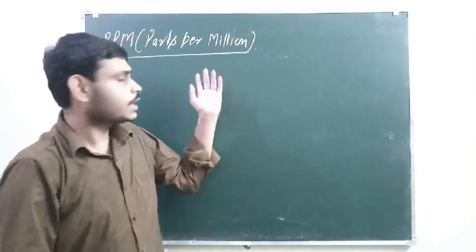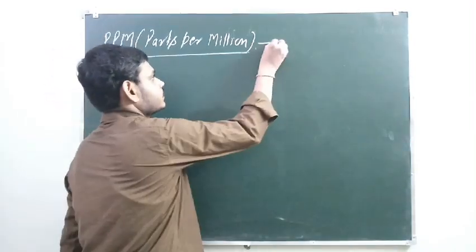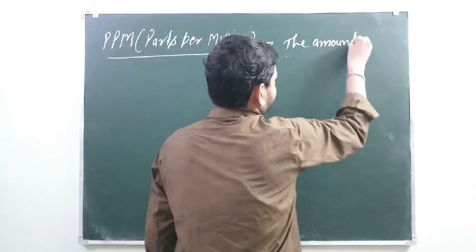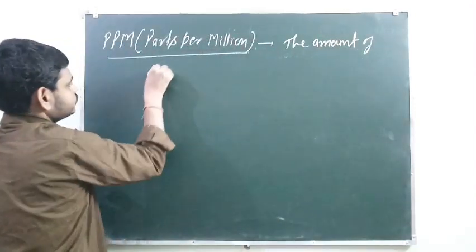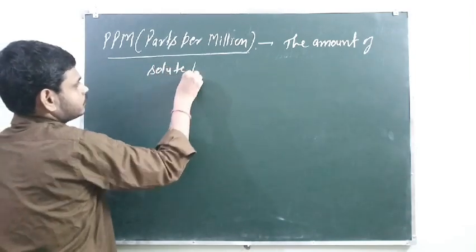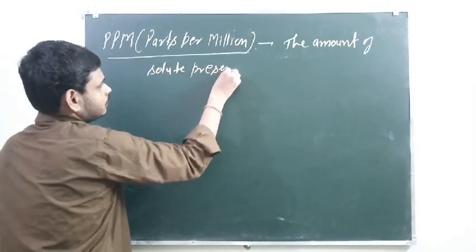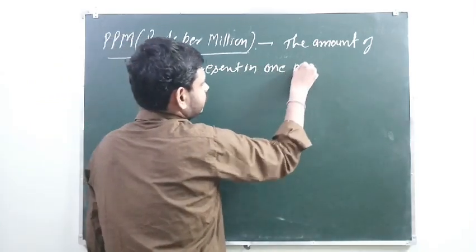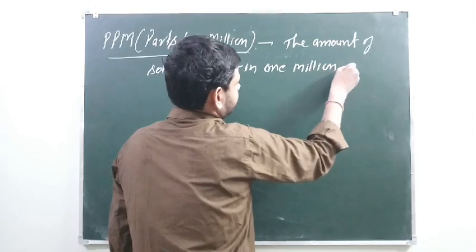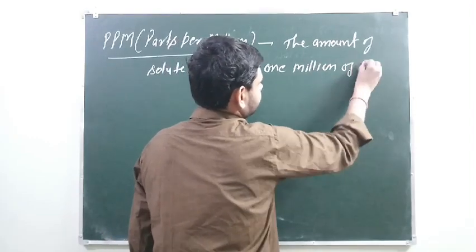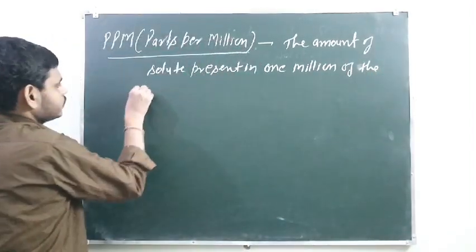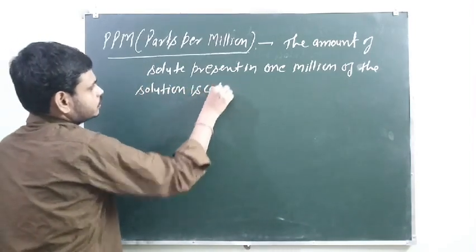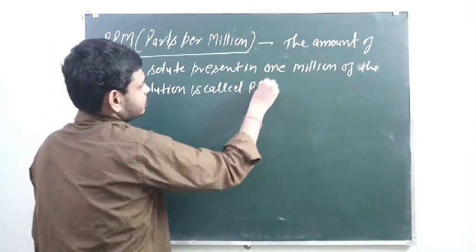That is, the amount of solute present in 1 million of the solution is called ppm.